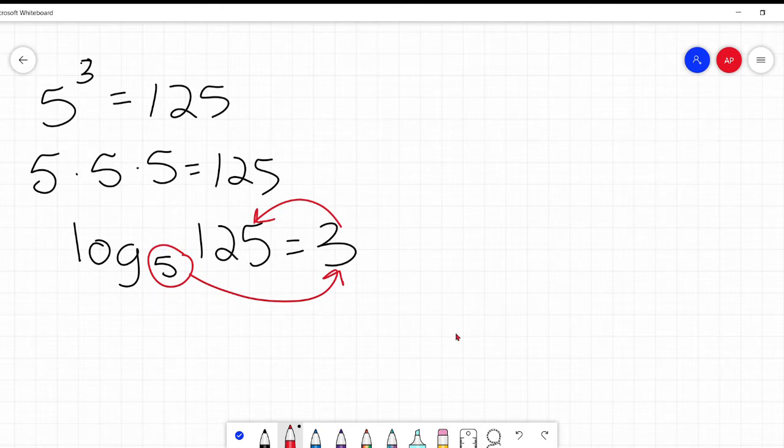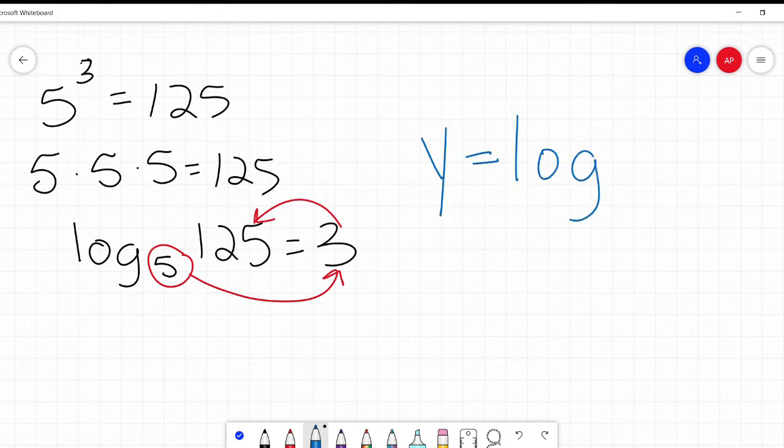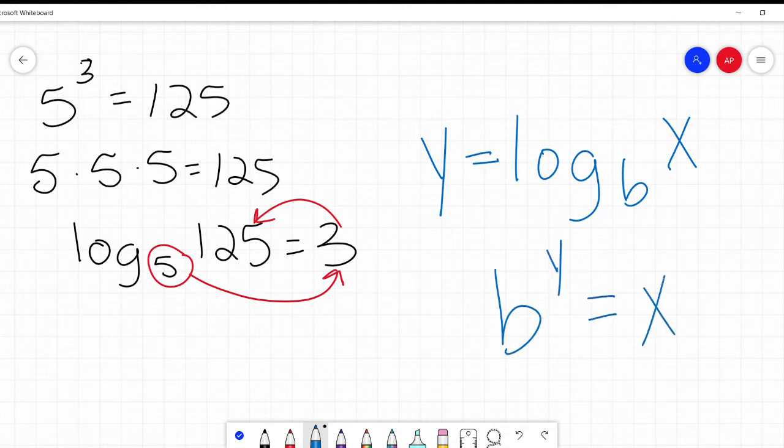You might see it written in a textbook as something like this: y equals log base b of x is equivalent to b to the power of y equals x. That right there is the same thing as what I just said.